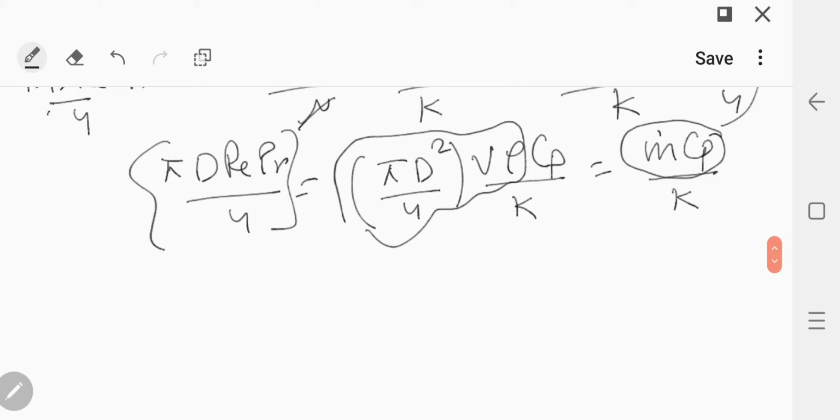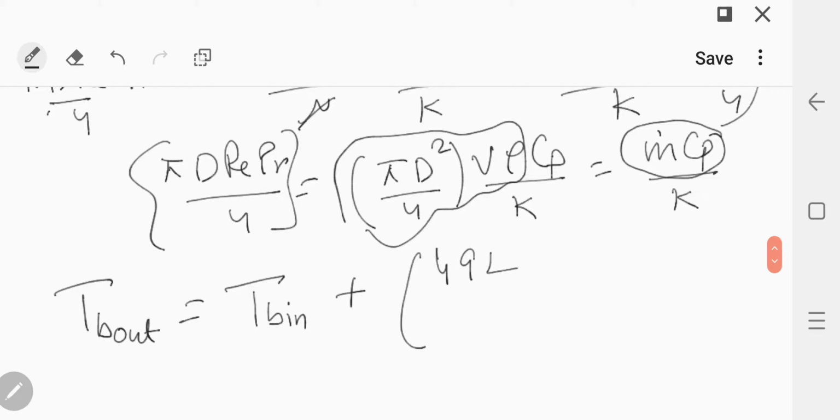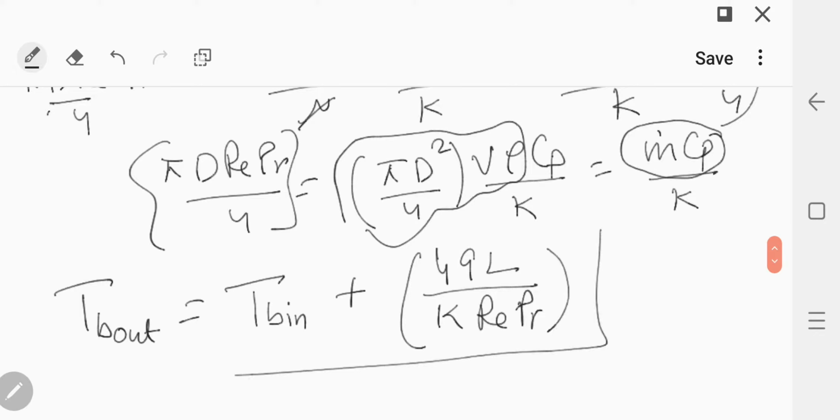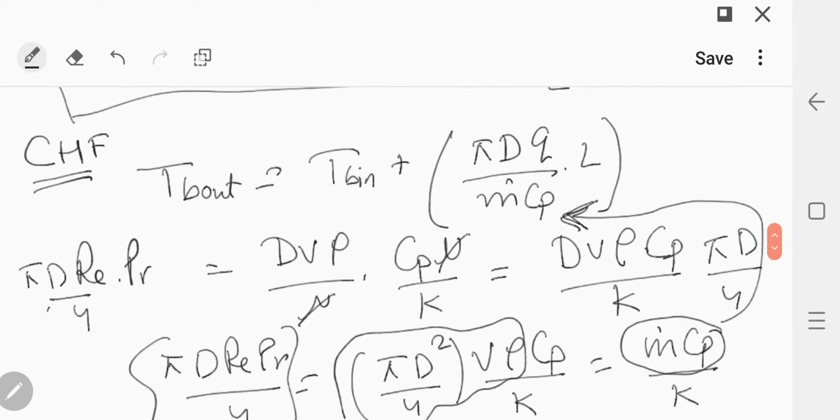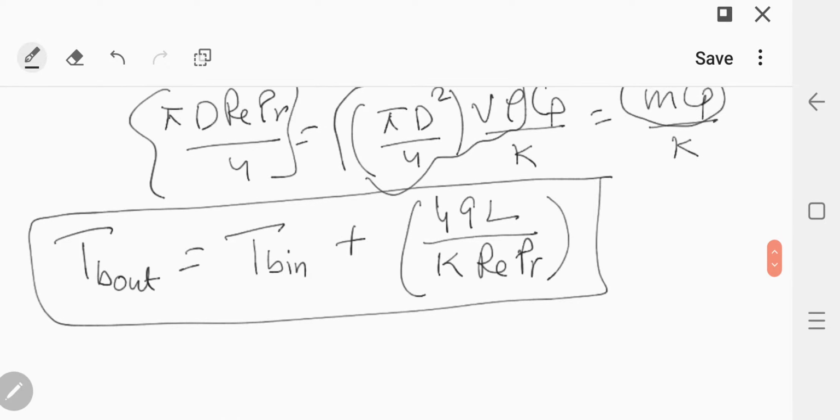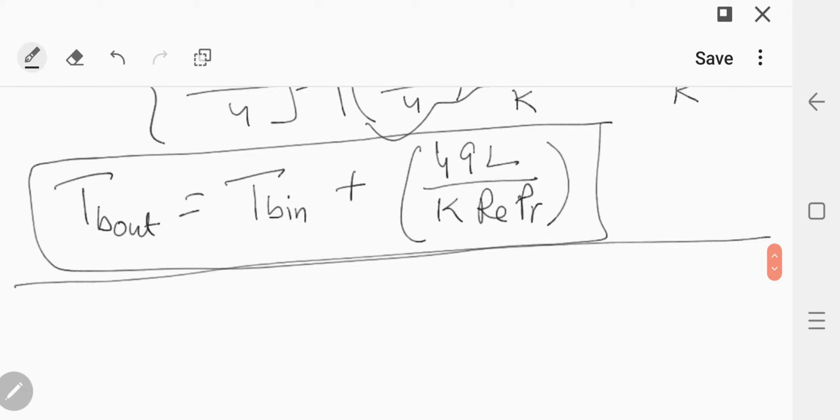So what you have is Tb out as Tb in plus 4 q L by K Reynolds number into Prandtl number. So this is the expression for temperature distribution of constant heat flux in terms of dimensionless numbers. Clear? So that's basically another way of representing the temperature distributions.